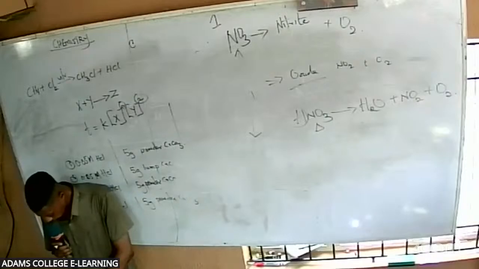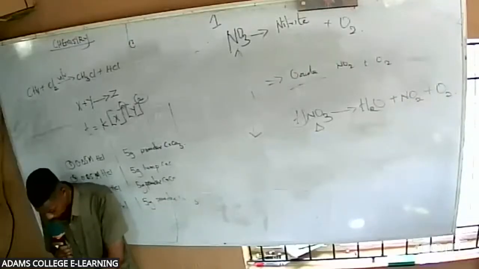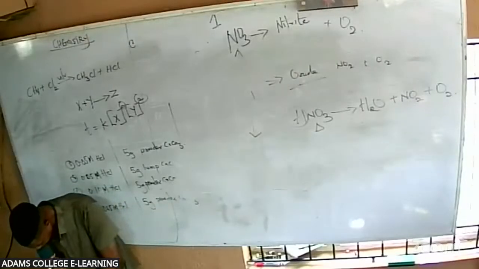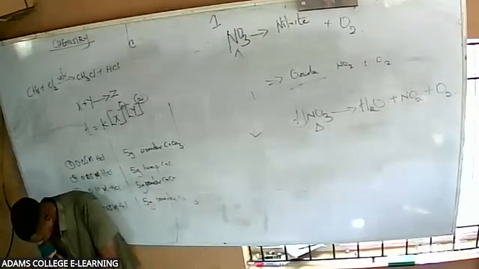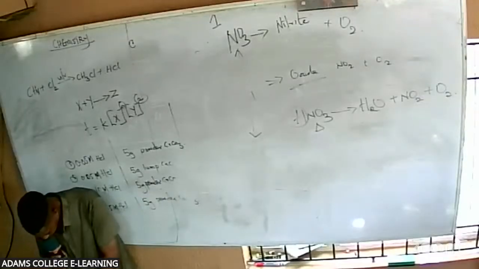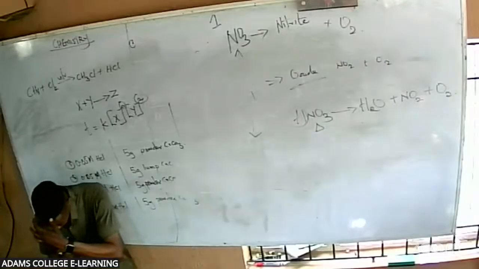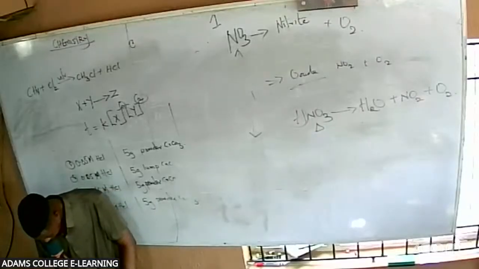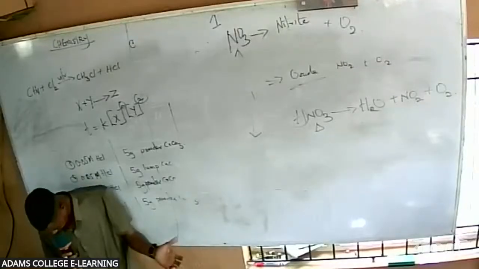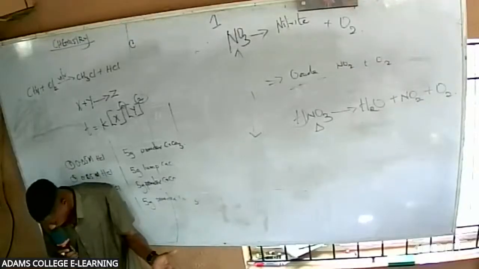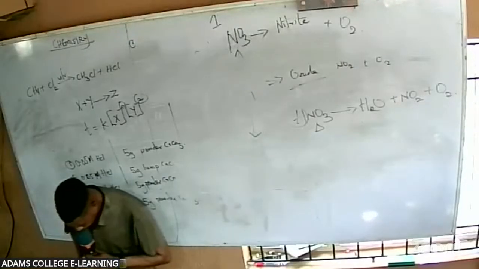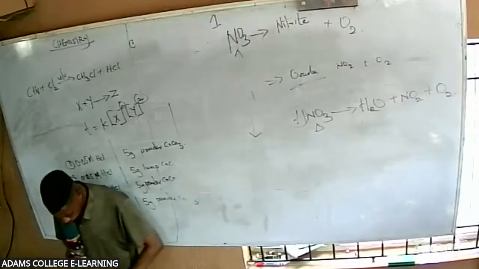Then option D, NO, NO2 and H2O. So what's going to be the answer there? Option C: NO2, O2 and H2O.